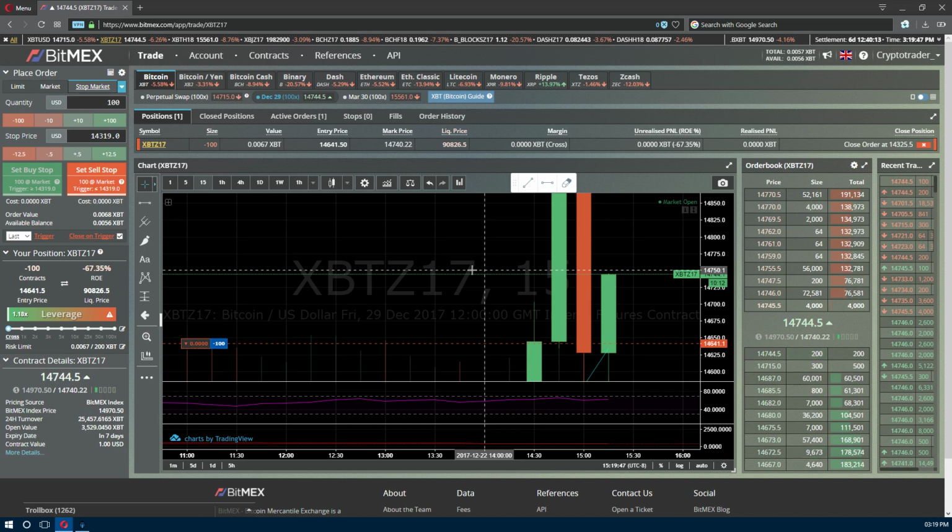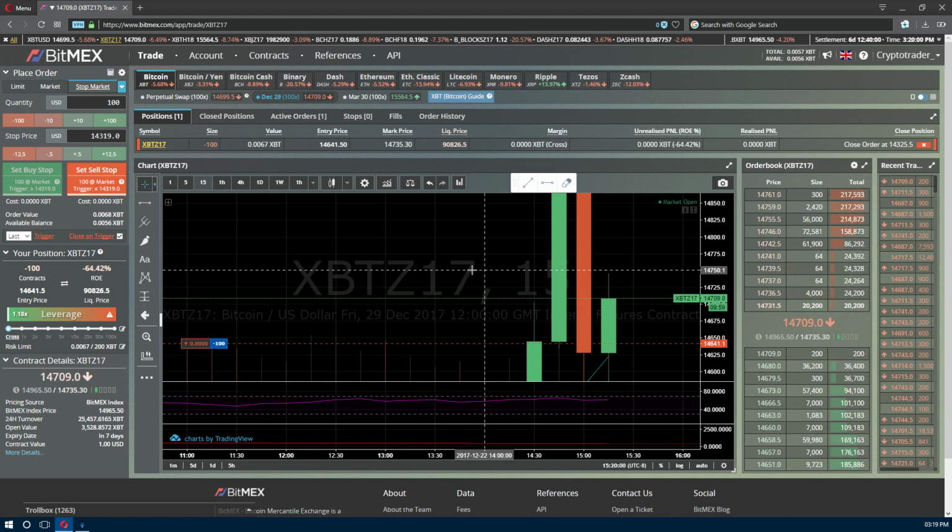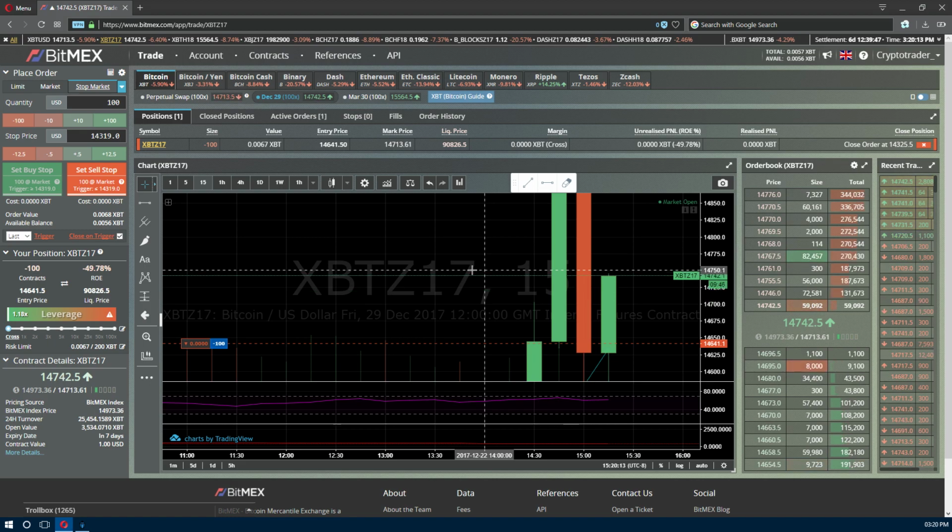Excuse me. The Bulls and the Bears are battling it out on this candle. Look at them go.